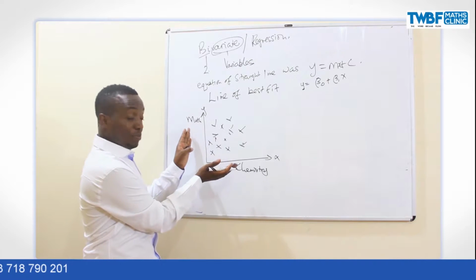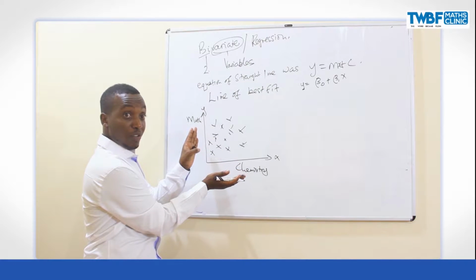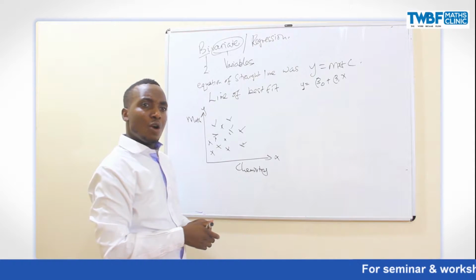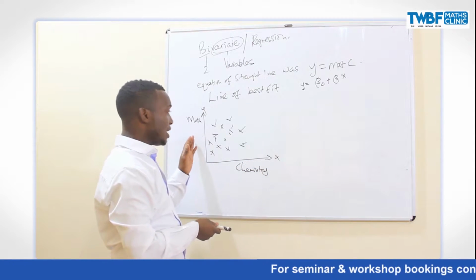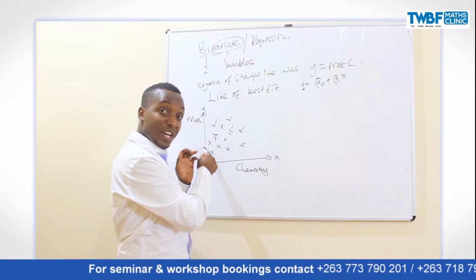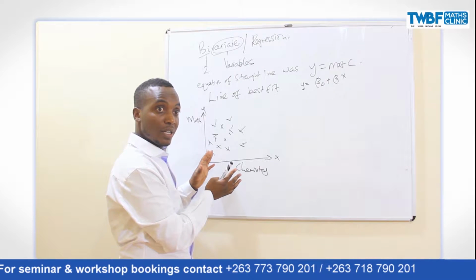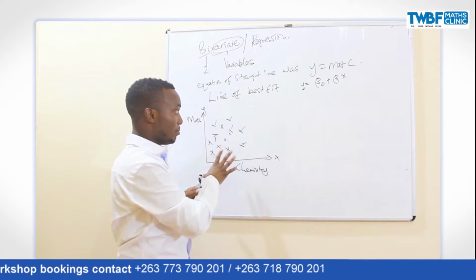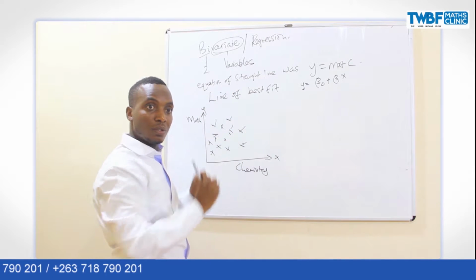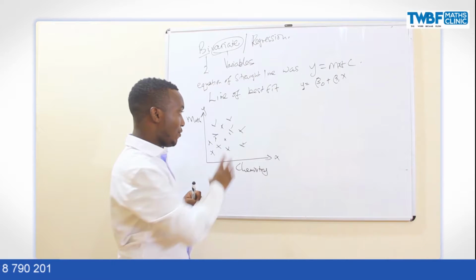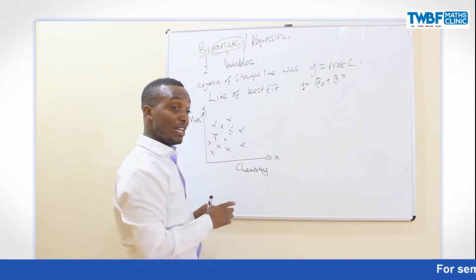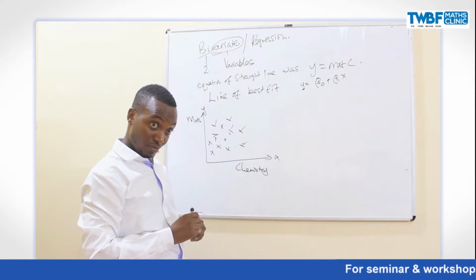So the relationship between these two is very minimal. In other words, if we know your mark in chemistry and then estimate your mark in mathematics, we will be biased, because the relationship is weak, as shown by the scatter plot. If you plot your points and they are just all over the place, not following any trend, we call that a scatter plot with a weak relationship.